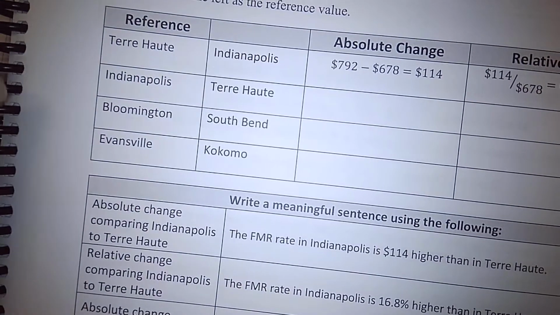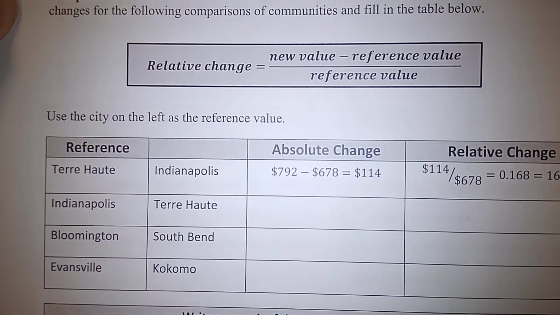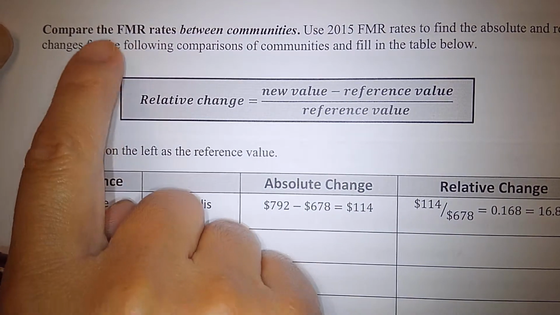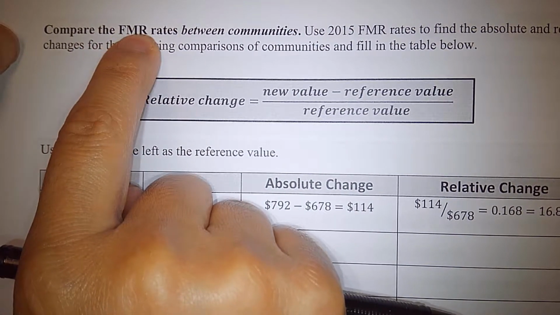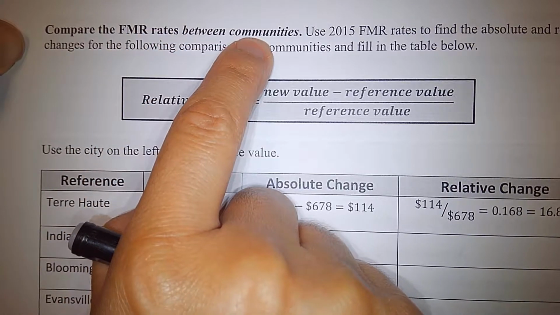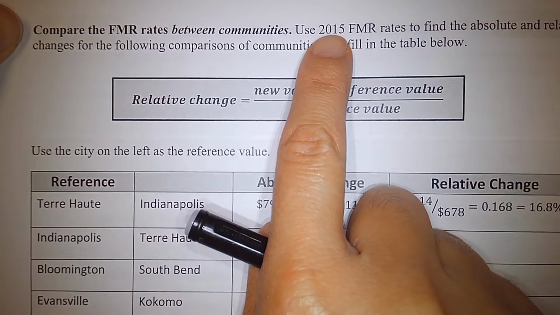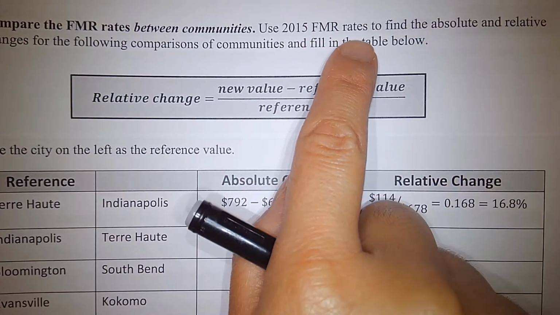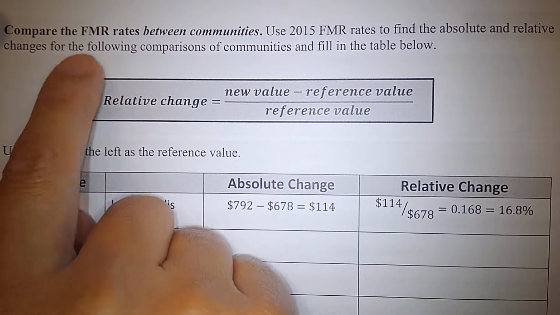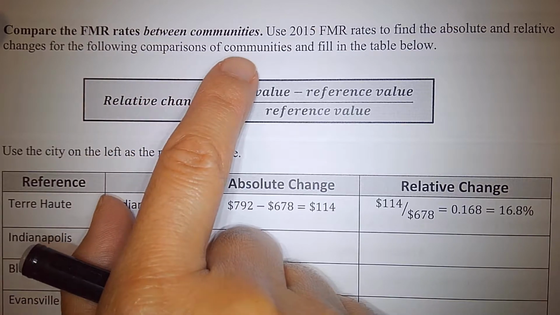All right, page 75. Compare the FMR rate between communities. Use the 2015 FMR rate to find the absolute and relative changes for the following comparisons of communities.